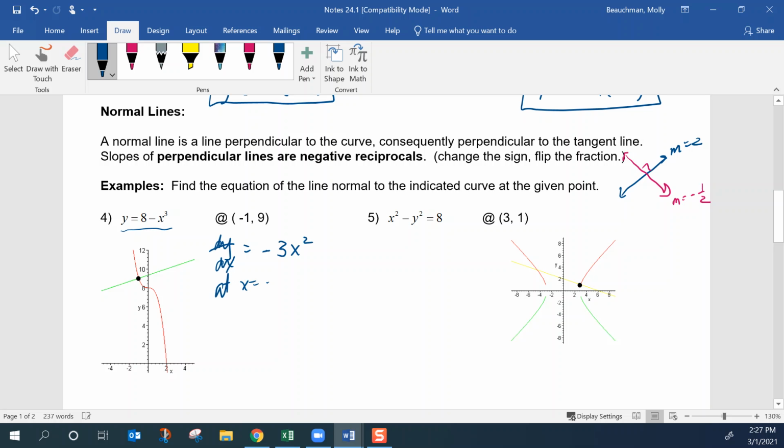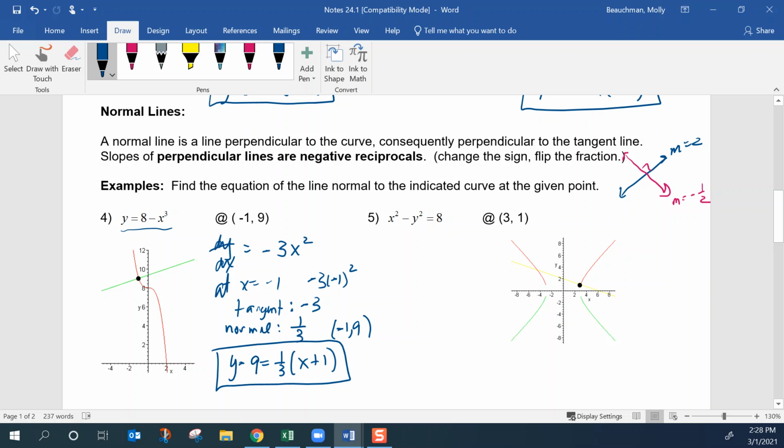At x equals negative 1, I get negative 3 times (negative 1) squared, which is negative 3. So the slope of the tangent line is negative 3. The slope of the normal line is the negative reciprocal, which ends up being positive 1/3. So now the slope of the normal line is 1/3, and we have our point (-1, 9). So we get y minus 9 is equal to our slope 1/3 times (x minus (-1)), and minus a negative turns into x plus 1.